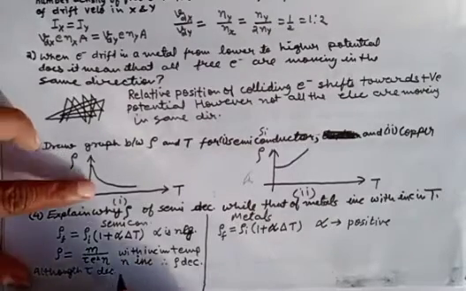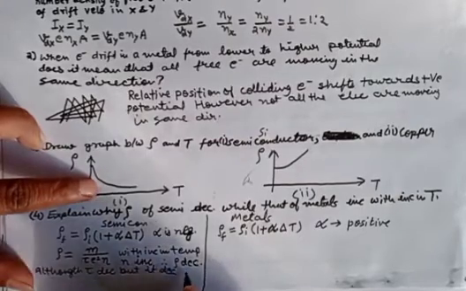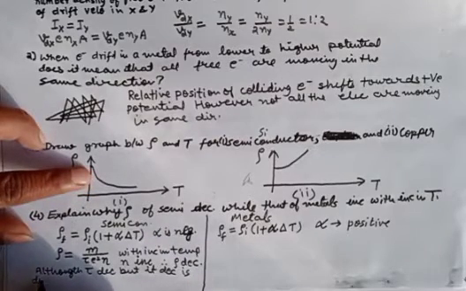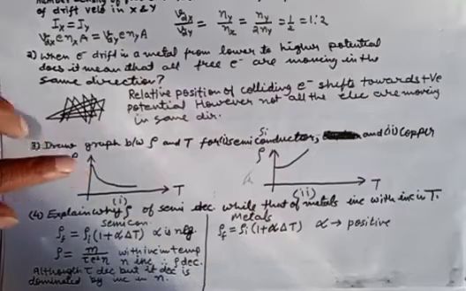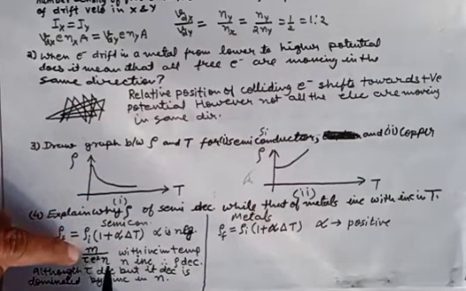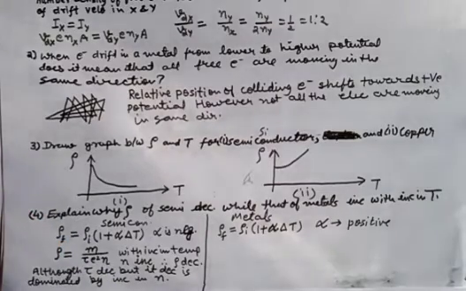Actually tau decreases, but its decrease is dominated by the increase in n. It means there are two things happening. Tau is decreasing, n is increasing, but the increase in n is dominating here. That is why resistivity decreases.